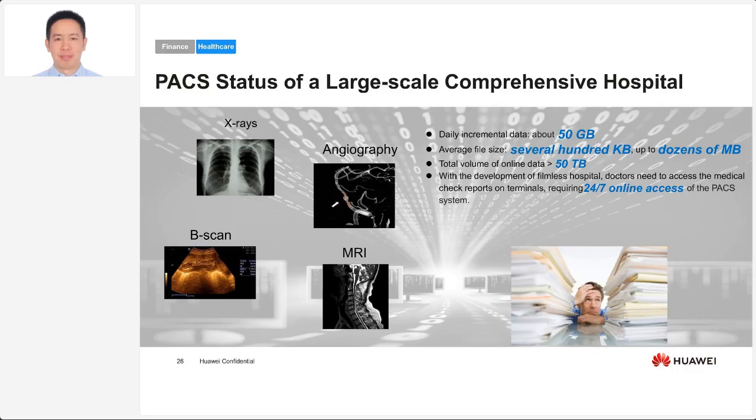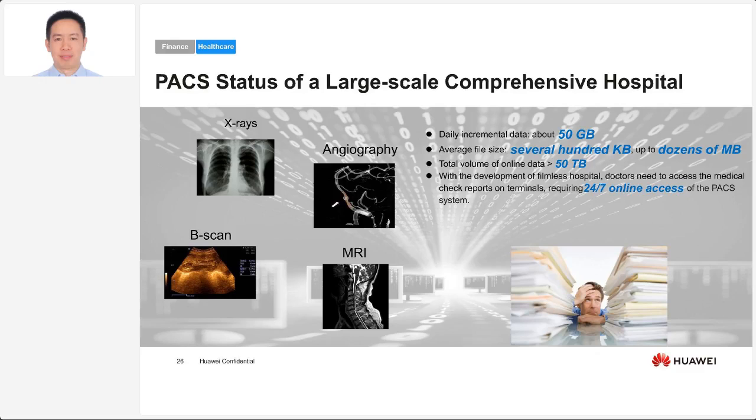With the development of the filmless hospital, that means it will be digitalized. Doctors need to access the medical check reports on terminals. That will require 24/7 online access to the PACS system. Previously, after we did the X-ray or ultrasound scan, you had to get a physical copy of those images or printing.